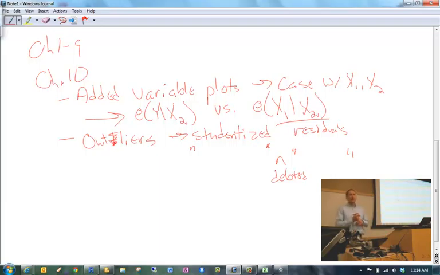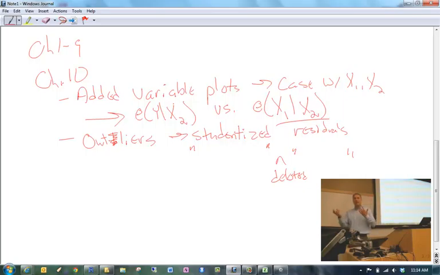Make sure you understand how to calculate them, obviously, using the appropriate R functions, but also how to interpret them in terms of how I can determine if something is potentially an outlier.